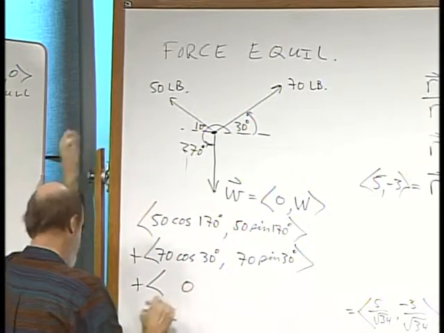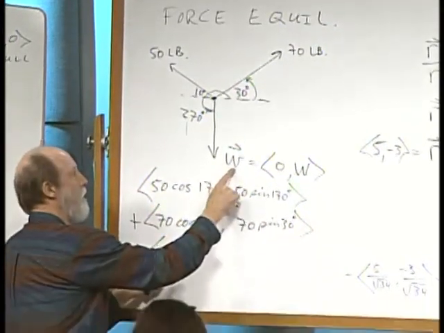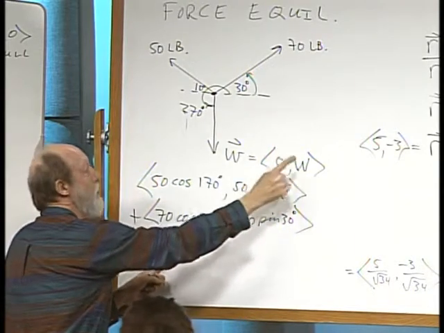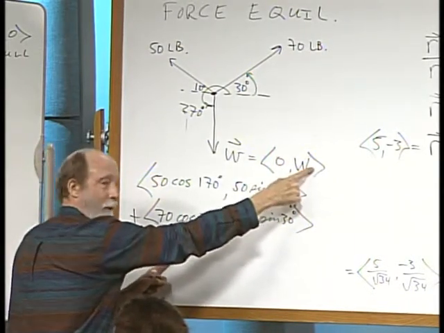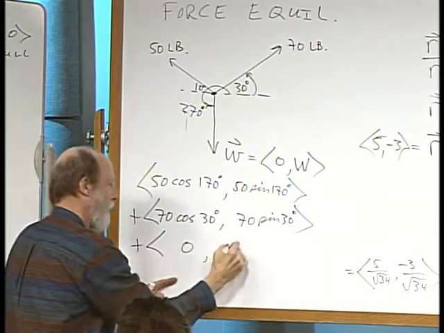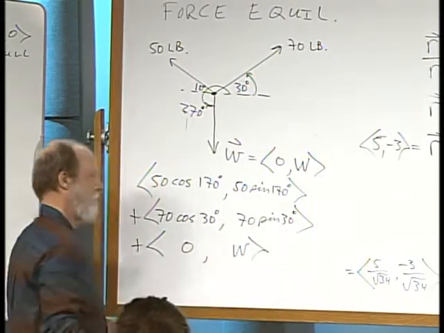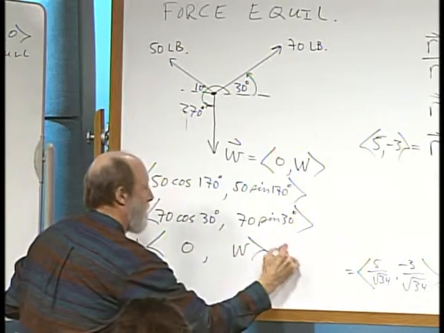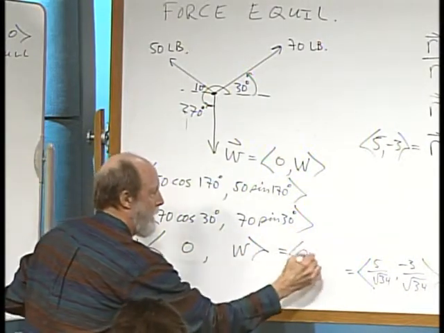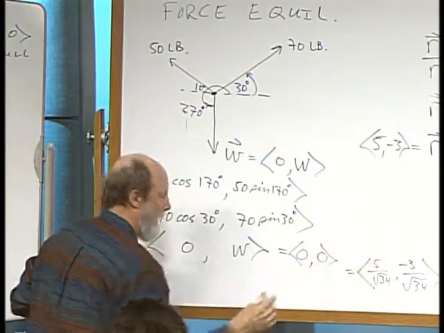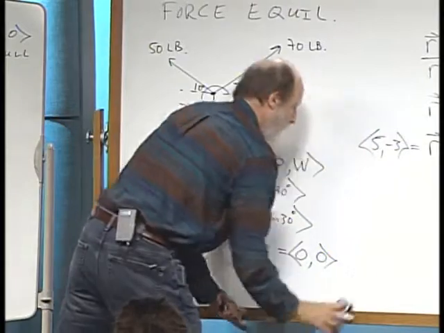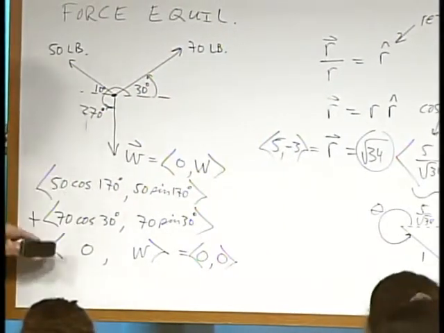I could say W cosine 270, W sine 270 there, or I could just do this. And that mess must equal, the addition of these must equal 0x, 0y. You can punch that out, figure out that problem.